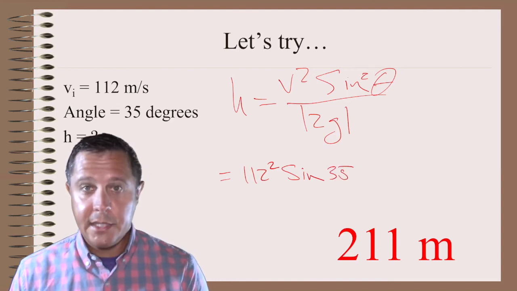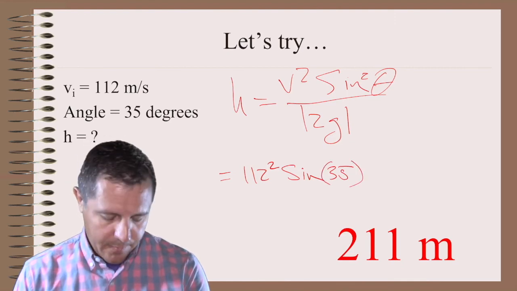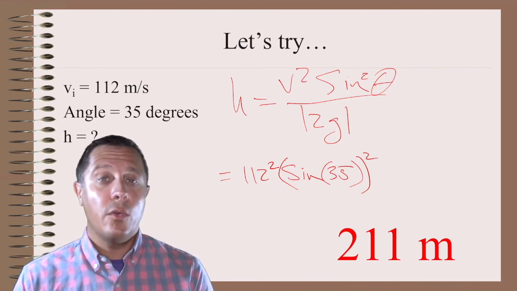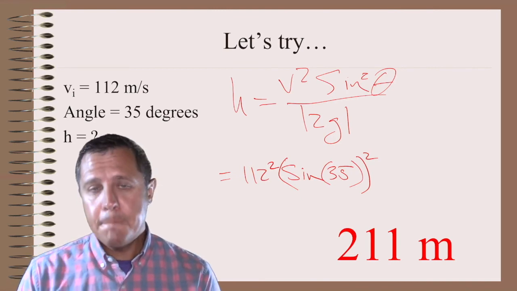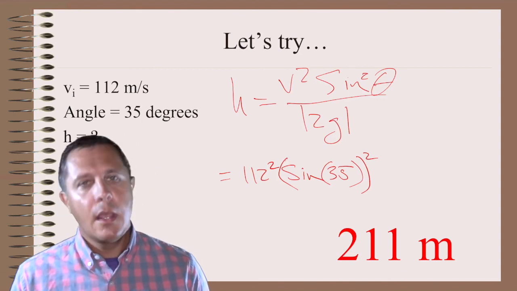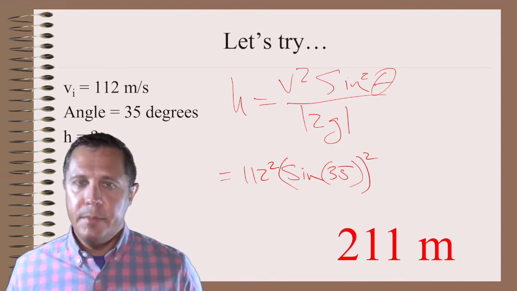Now, in a normal TI calculator, you would have parentheses already showing up. All right? And then you square this value. I'm going to exaggerate and show another set of parentheses, just so you understand we are squaring the whole thing. Now, in a TI, you wouldn't need those extra set of parentheses. The TI knows take sine of the angle first and then square it. Okay? But just to overemphasize what it would be like.